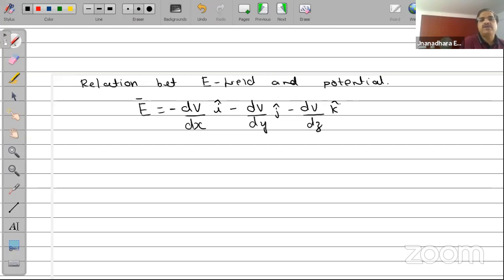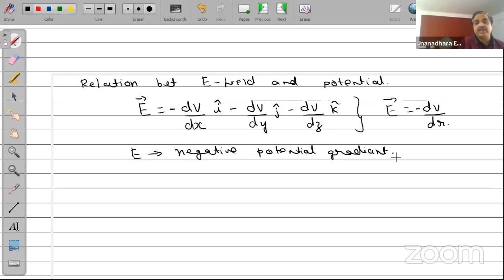In other words, the electric field can be written as minus dV by dr, and it is called the negative potential gradient. Earlier it was the potential energy gradient, right? Force is the potential energy gradient. This is the potential gradient.